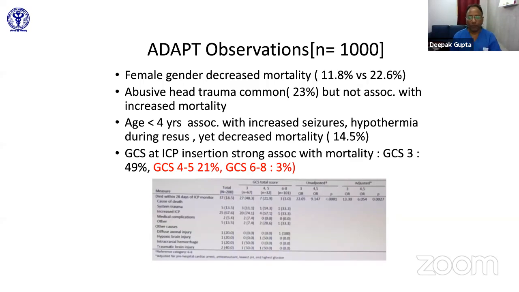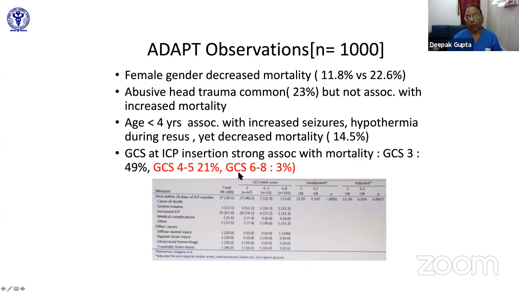The single parameter which emerged as a very important parameter was GCS at ICP insertion, which was a strong association with mortality. In fact, if you see it from a different perspective, I would say the decerebrating children, like M2 children, had 21% mortality, which I would say is not bad.